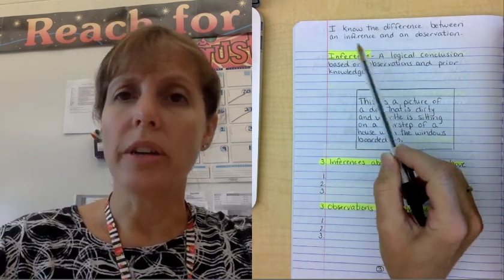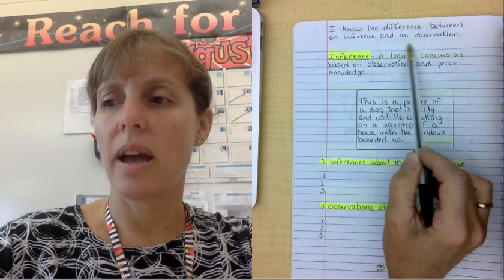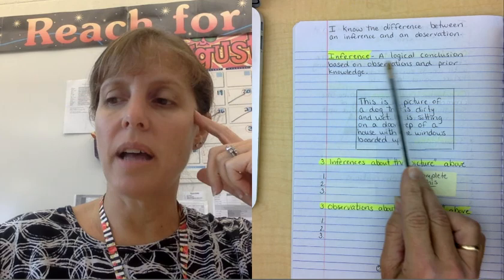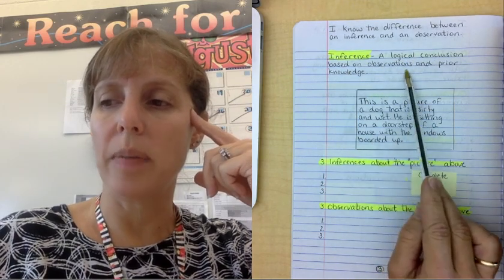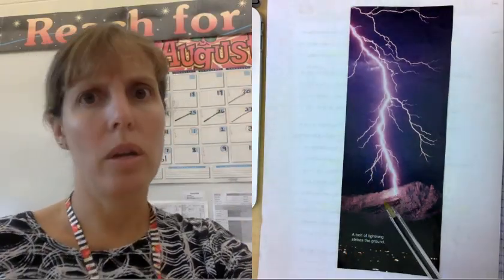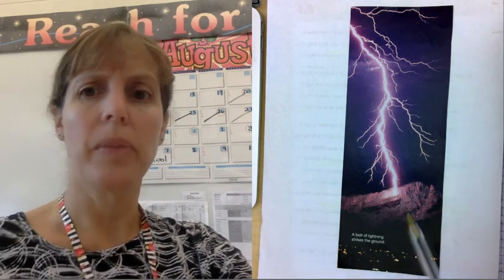So our learning target today is: I know the difference between an inference and an observation. An inference is a logical conclusion based on observations and prior knowledge. So what do I know about lightning? I know that lightning comes with rainstorms. That's what I know. What do you know about lightning? I also know that it has a lot of electricity.